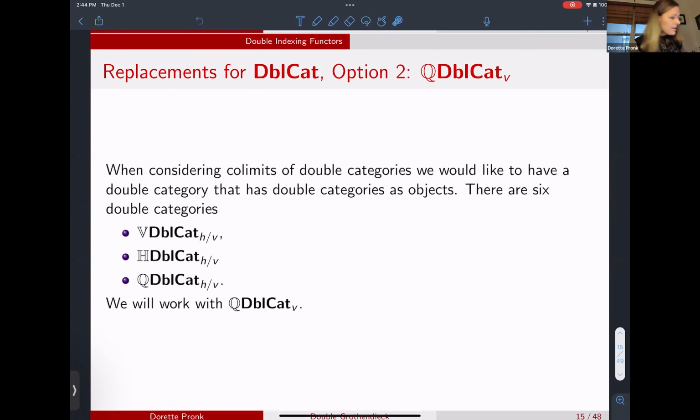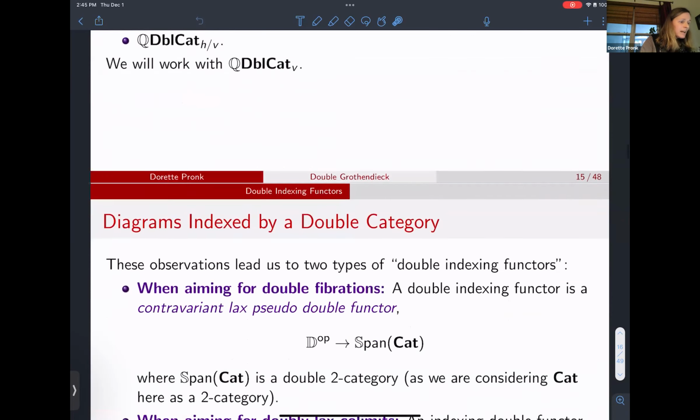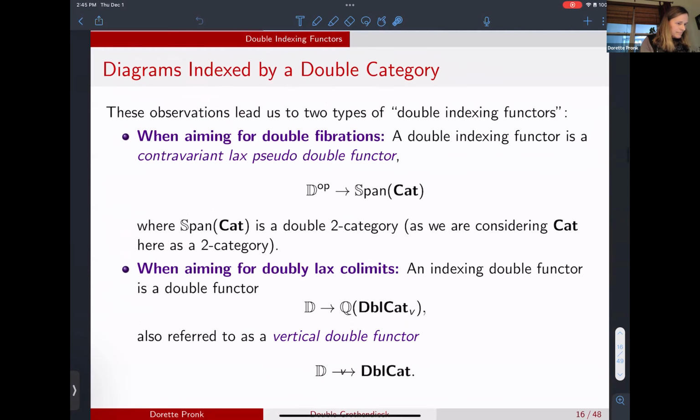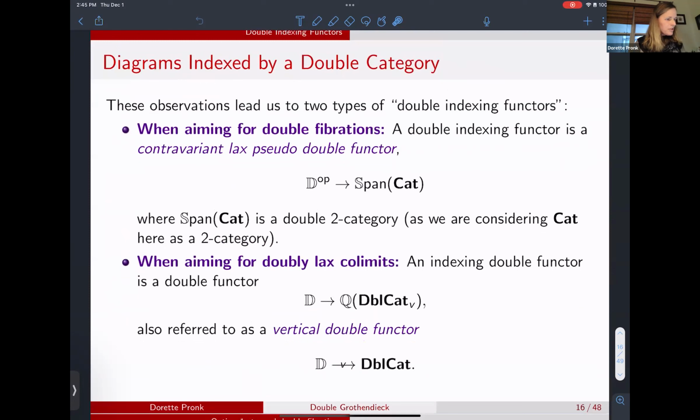The special case that we get in this second situation does give us colimits that I don't know yet how to do in the first case, although we have some ideas, we're working on it. But so let's go to the first situation.